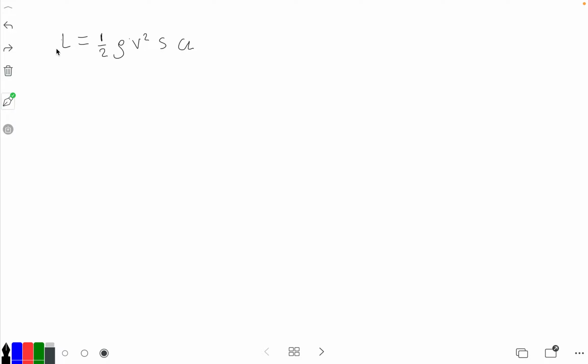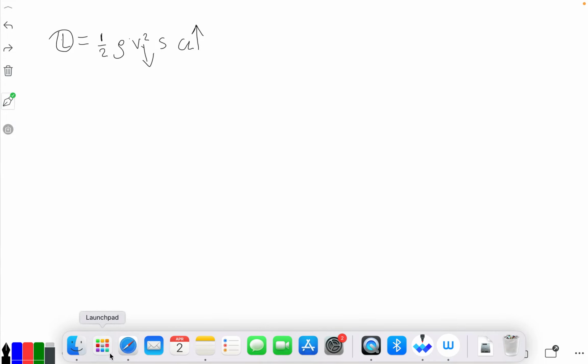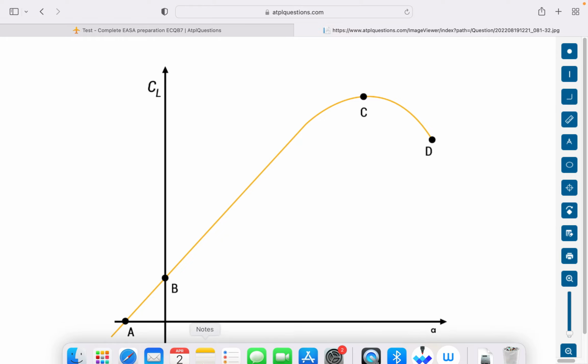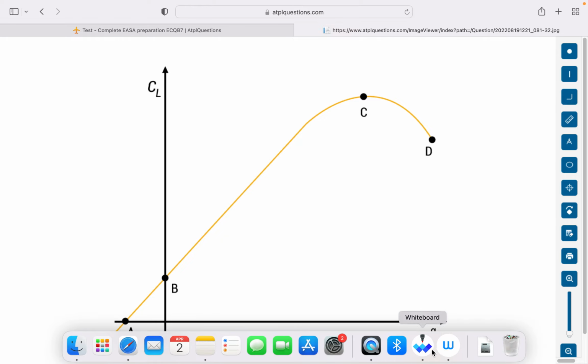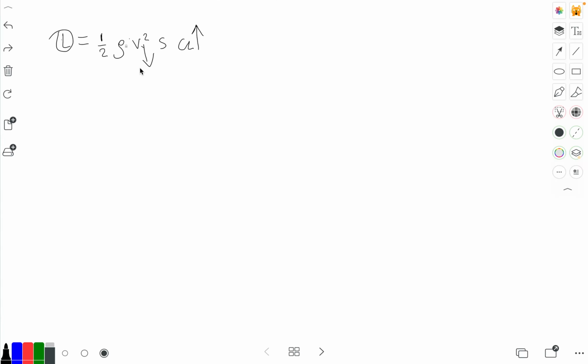If we want to keep this constant and we increase the coefficient of lift, speed must go down. Of course, we are remaining on the same level, so we cannot change density, and of course nothing about changing the area, for example configuration. We're not changing configuration.